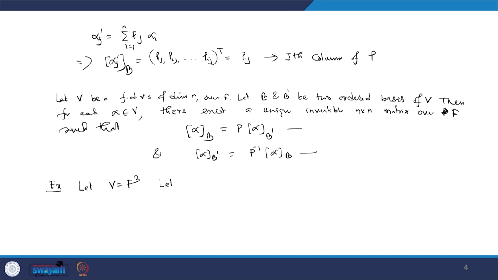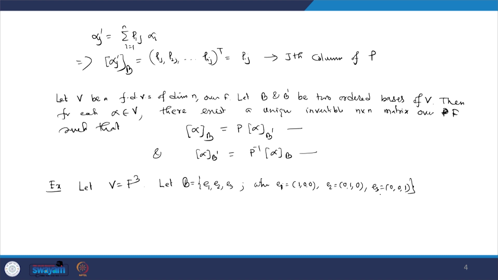Let B be an ordered basis, this is E1, E2, E3, where E1 equals (1, 0, 0), E2 equals (0, 1, 0), and E3 equals (0, 0, 1).